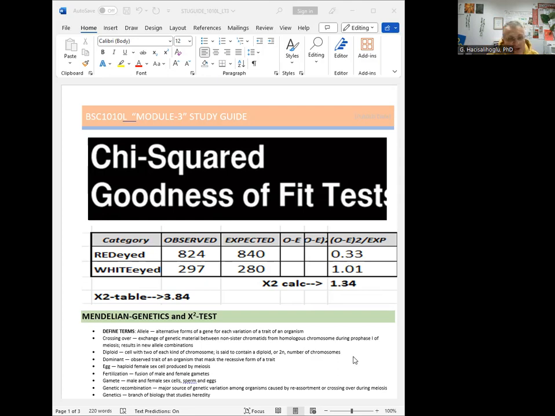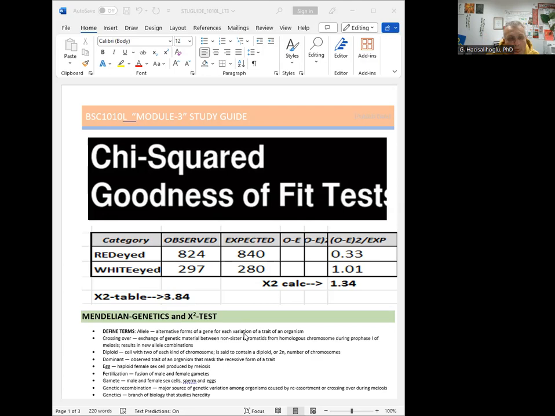We get it from the chi-square table using degrees of freedom, df, which equals n minus 1. N is the number of phenotypes, 2 minus 1, 1. We go to column 1 and then find 3.84. You don't need to memorize this number. Then step number 4: now we know chi-square calculated and chi-square table. We compare them.